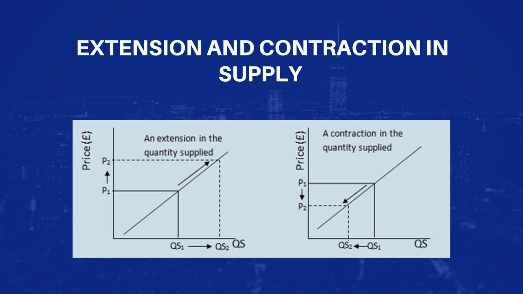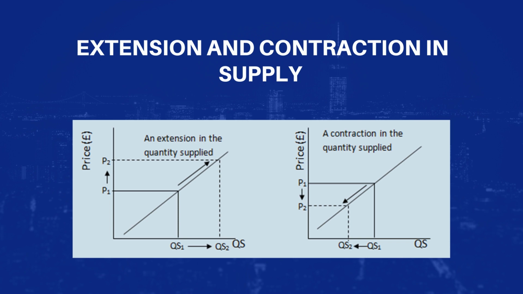Now, one of the most important things to learn in supply is extension and contraction in supply. Again, as with demand, a change in price of the product will cause an extension in supply, that is an increase in the quantity supplied, or contraction, that is a decrease in the quantity supplied. As we saw in demand, it was a falling price that caused an extension and a rising price that caused its contraction.